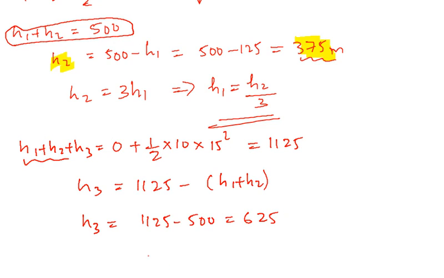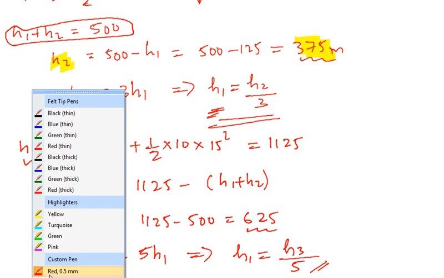That is 625. Again, as we wrote h2 in terms of h1, how can we write 625 in terms of h1? 5 times 125 is 625, therefore it is 5 times h1. That implies h1 equals h3 by 5.